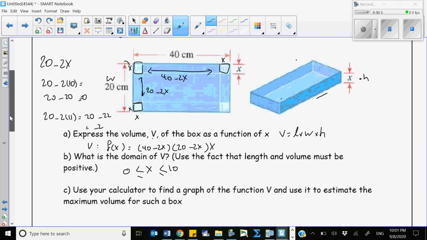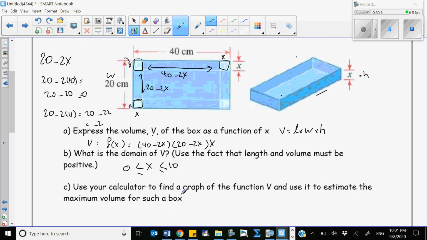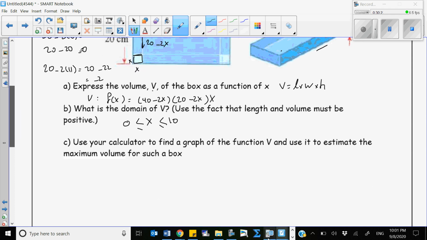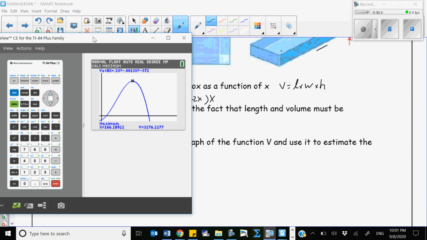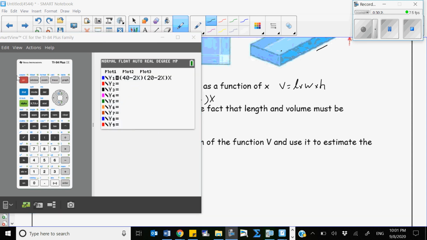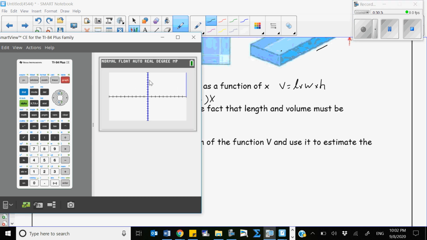Next it's asking, use your calculator to find a graph of the function and use it to estimate the maximum volume here. Okay, I'm going to use my calculator. Here's my function in my calculator and I'm going to graph it, and once again we do not have a perfect window, so I need to make a bigger window here.